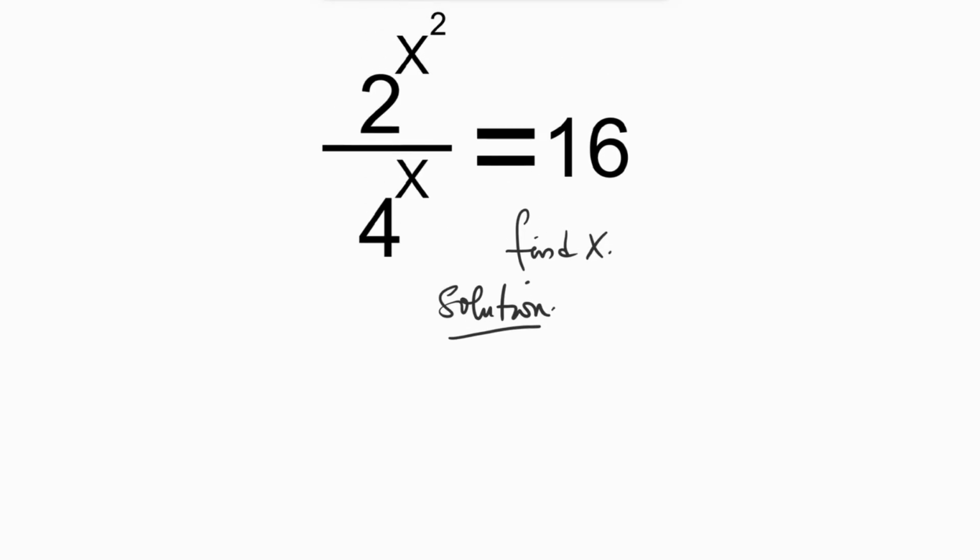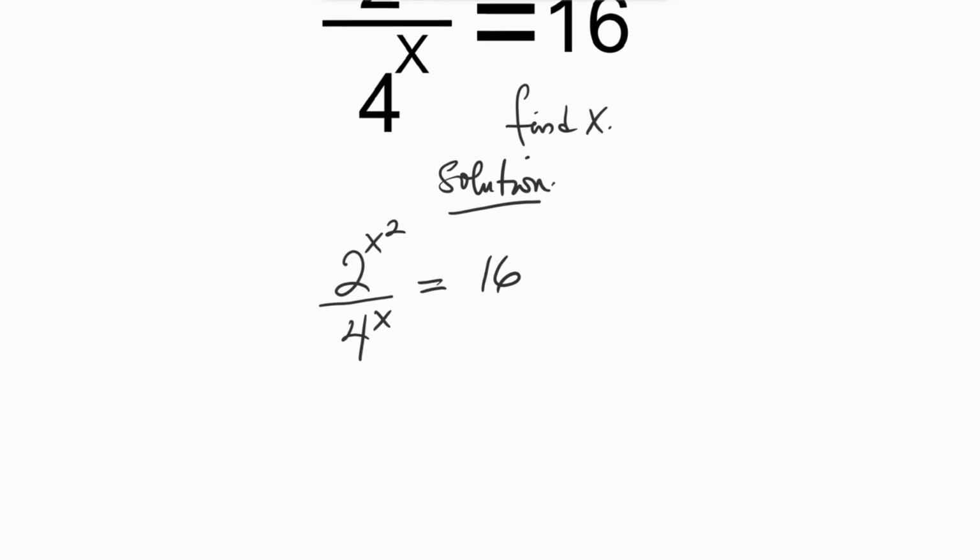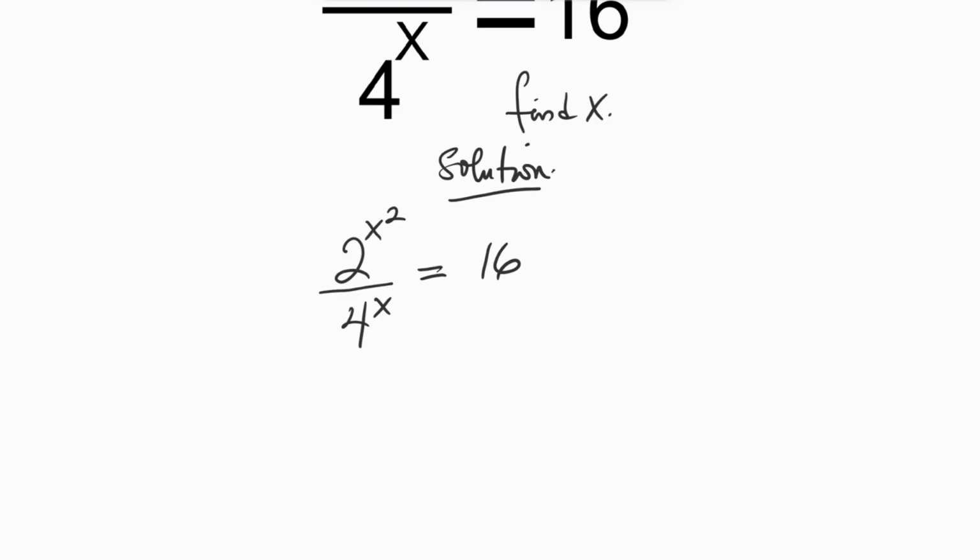Okay, so first of all, we have 2 raised to the power x squared divided by 4x is equal to 16. Now, we know that 4 is the same thing as 2 raised to the power 2, and 16 is the same thing as 2 raised to the power 4.